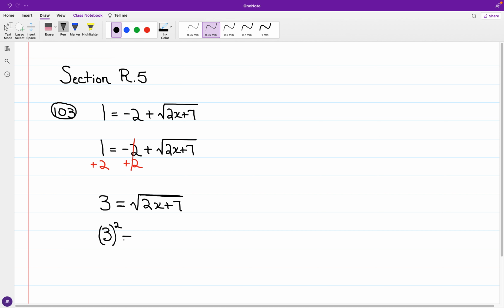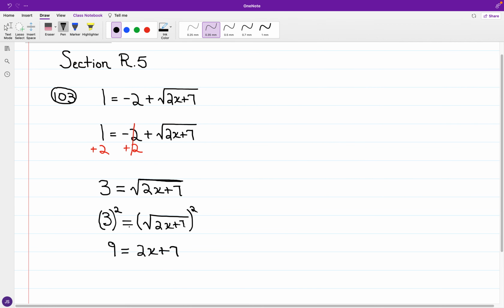I can eliminate the presence of the square root upon squaring both sides. So we have 3 squared is 9, and the square root of 2x plus 7 squared. Again, the square eliminates the square root. So we have that 9 is equal to 2x plus 7, a two-step linear equation.